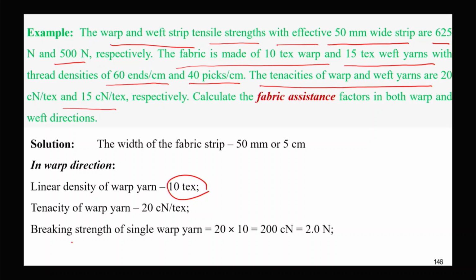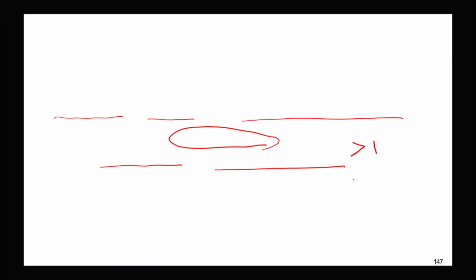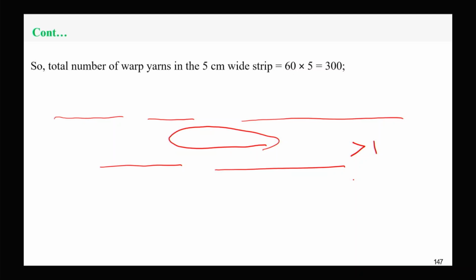So the breaking strength of a single warp yarn is 200 centinewton or 2 Newton. One warp thread will be 2 Newton. And thread density is 60 ends per centimeter. So the total number of threads we can calculate. The total number of warp yarns in 5 centimeter will be 300.